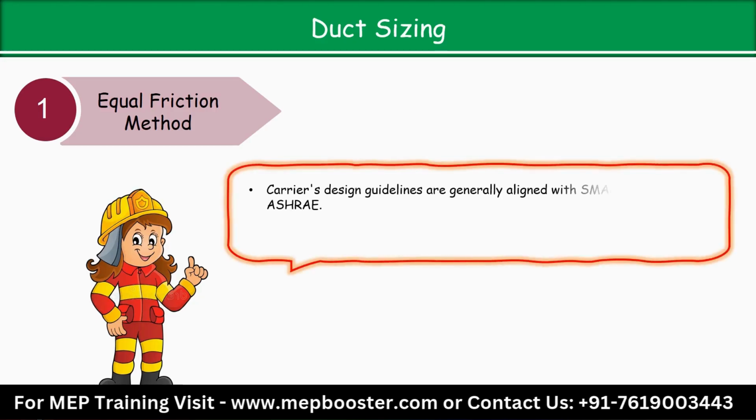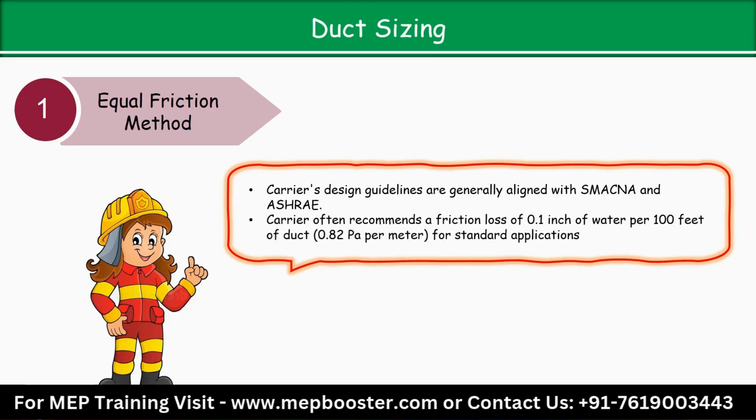Now as per Carrier design, these Carrier design guidelines are generally aligned with SMACNA and ASHRAE. Carrier often recommends a friction loss of 0.1 inch of water column or water gauge per 100 feet of duct for standard application.